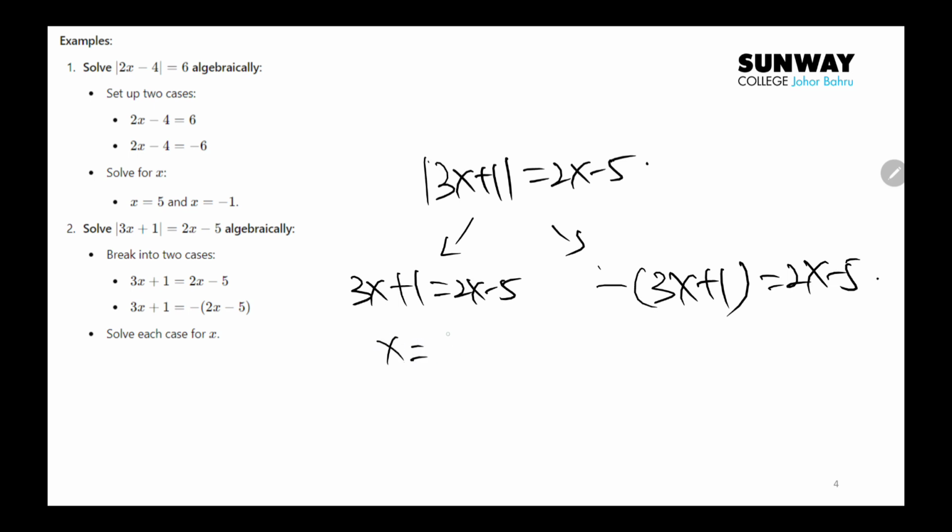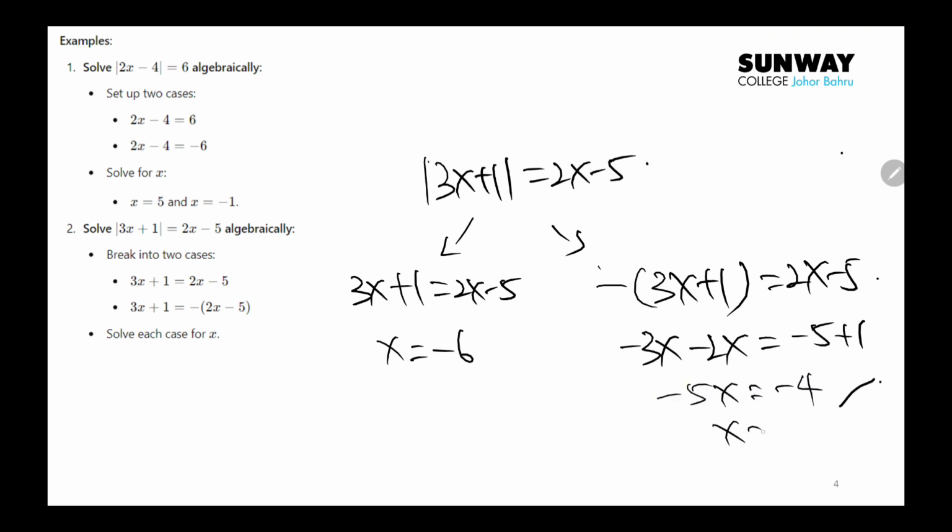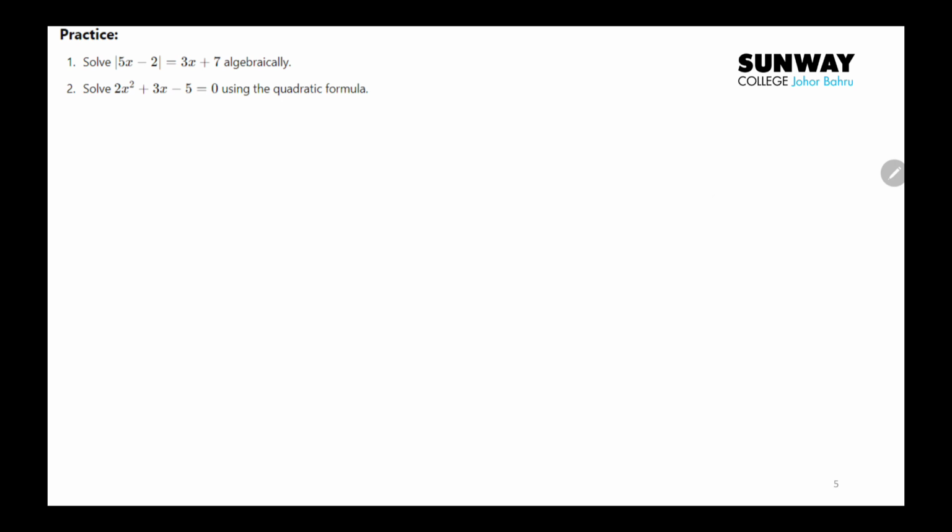So x equals negative 6, and negative 3x minus 2x equals negative 5 plus 1. In this case, you're going to get negative 5x equals negative 4, x equals 4 over 5. So these are the two x values for each of the cases. Then you will be able to conclude the answers.